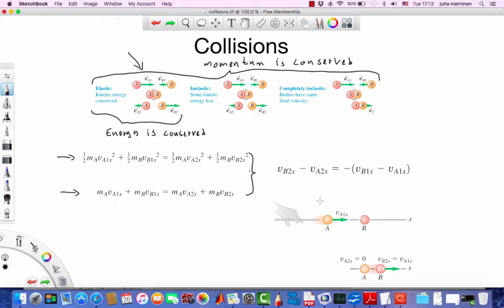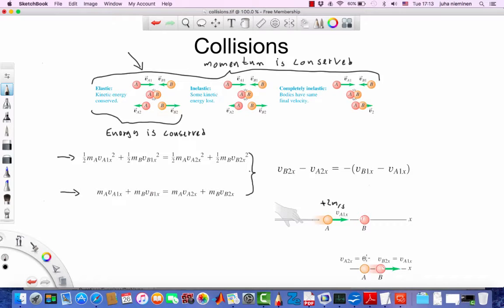Here's an example that you are probably familiar with. While playing pool, ball A hits ball B. So let's say this ball A is traveling 2 meters per second. It hits the ball that is standing still. So their distance is decreasing at the rate of 2 meters per second.